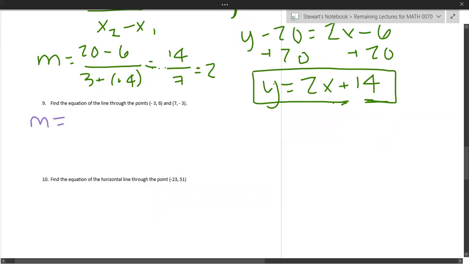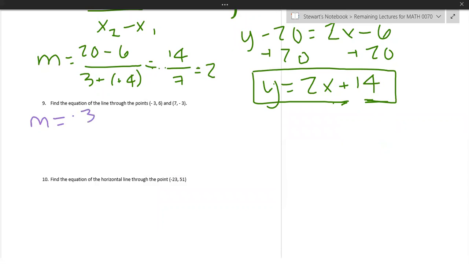So y2 is -3, y1 is 6, so we have -3 minus 6. x2 is 7, x1 is -3, so we have minus a -3, which becomes plus 3. So -3 minus 6 is -9 over 7 plus 3, which is 10. So we have -9/10 for the slope.